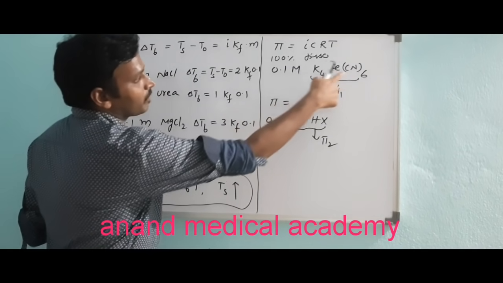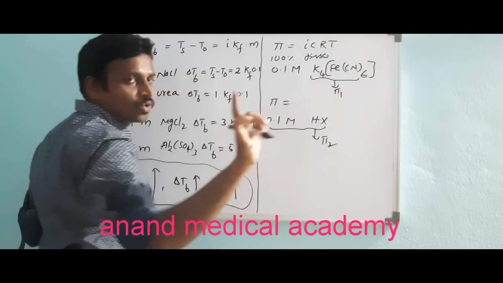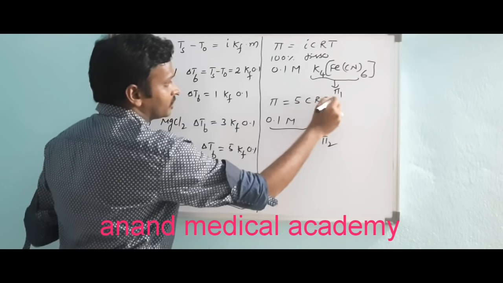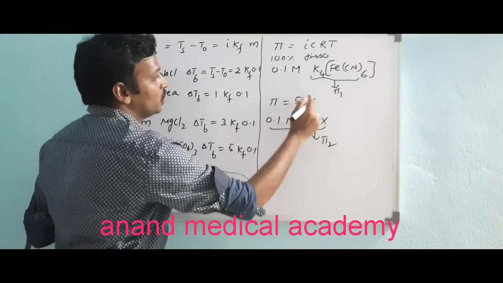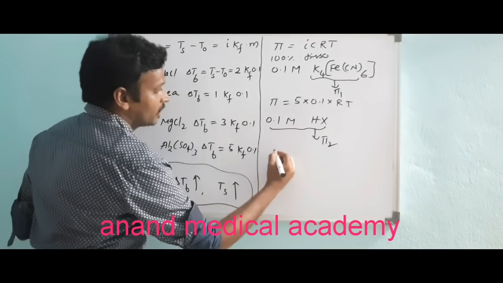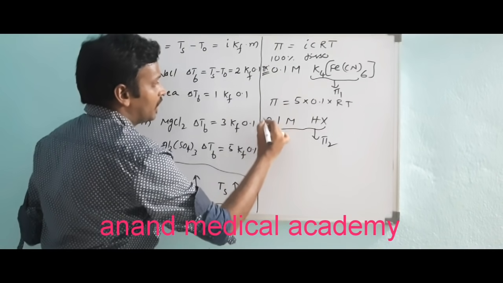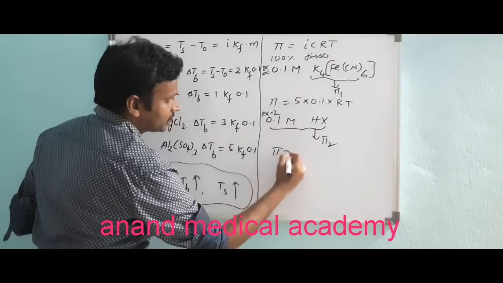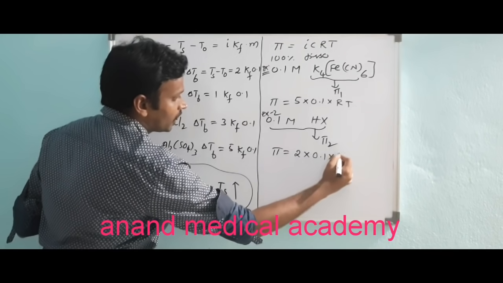How many ions? 4 K plus, and this is 1. This is a complex sphere, it won't dissociate. So total 5 into CRT. Concentration is 0.1, so 5 into 0.1 into RT. For the second example, this is example 1 and this is example 2, pi is equal to 2 into 0.1 into RT.